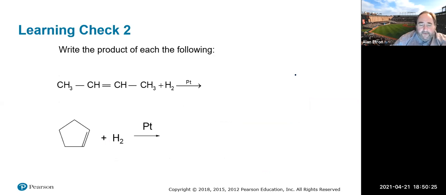All right, so why don't you take a second here and draw the product of each of these. So let's take a look at it. And again, you may want to redraw it just to visualize what's happening here. Kind of expanded structural formula, you've got this type of guy going.